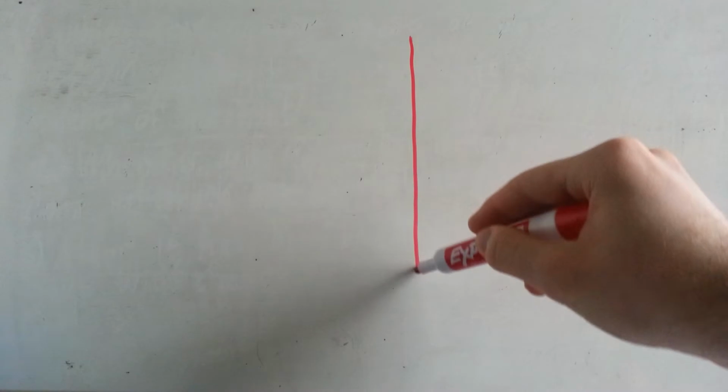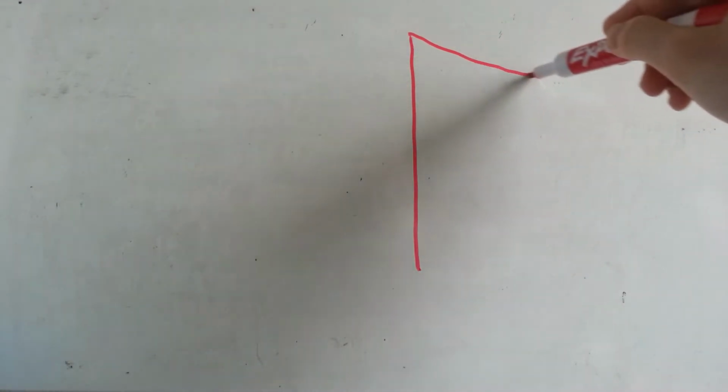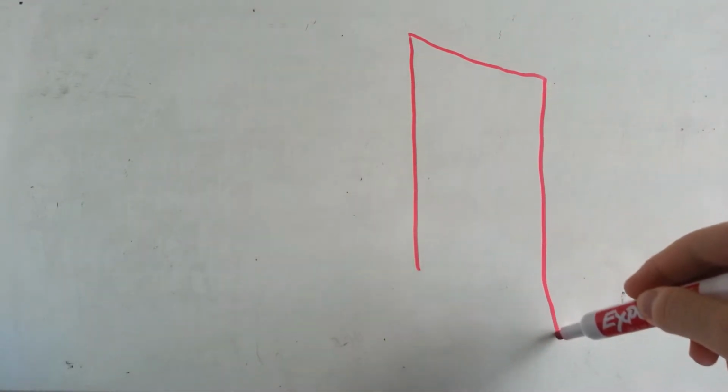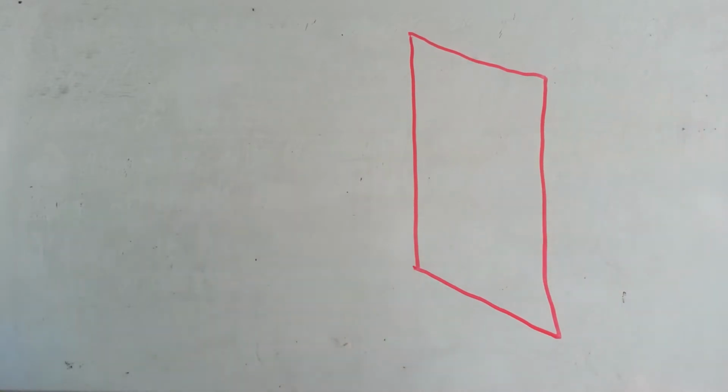So the book gives you the moment of inertia for a thin rectangular, basically a plane.